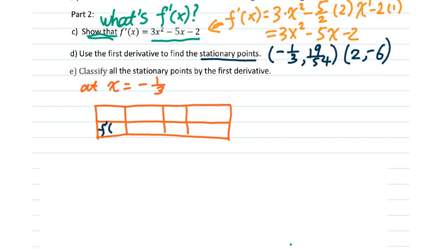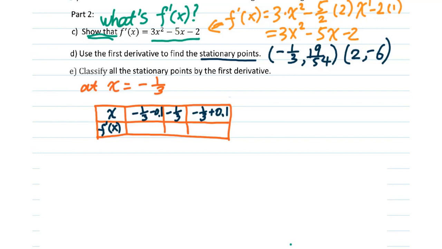Here's the f prime of x. Then here's the x value. We will test on -1 over 3. So you do -1 over 3 plus 0.1, and -1 over 3 minus 0.1. You put into the graphing calculator, just check the sign.